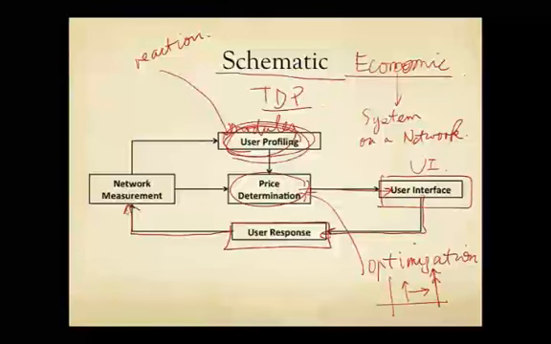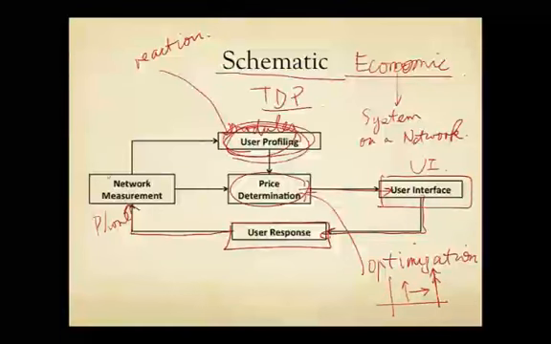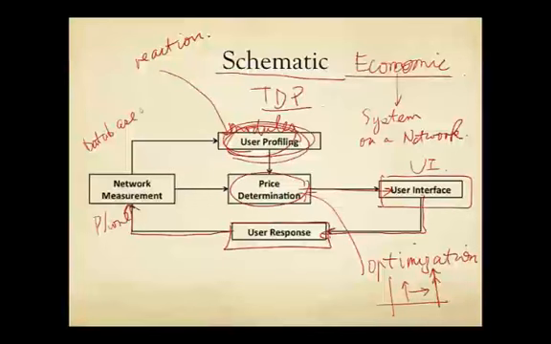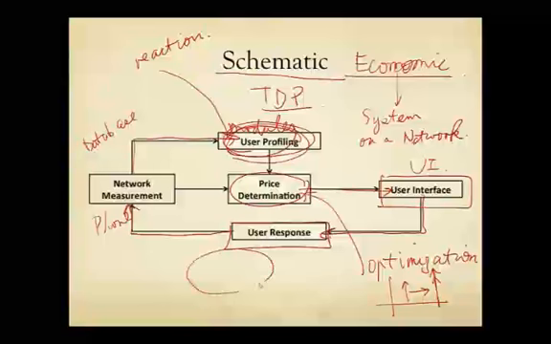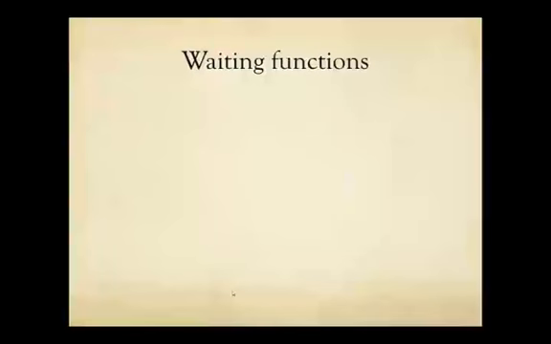Either way, it will then go into a network measurement, part of which stays on the user handset like your phone, part of which goes into the network database owned by the ISPs. And this will in turn complete the loop, because user profiling will then learn from such a database. This kind of feedback loop from user reactions to price setting is very typical of what we have seen a few times already and a couple of times more in this course.